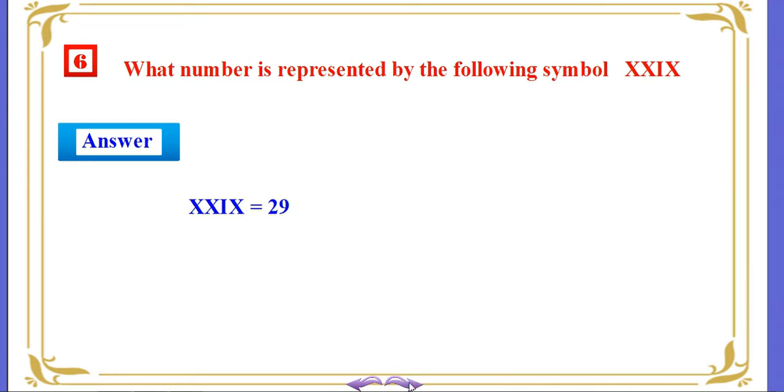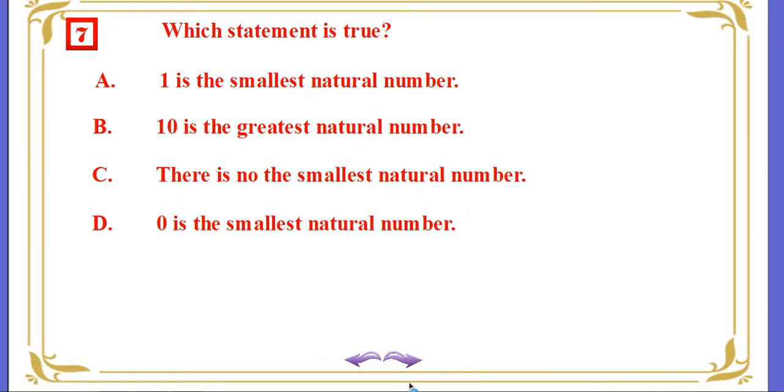We continue with lesson 7. Which statement is true? A. 1 is the smallest natural number. B. 10 is the largest natural number. C. There is no smallest natural number. D. 0 is the smallest natural number.